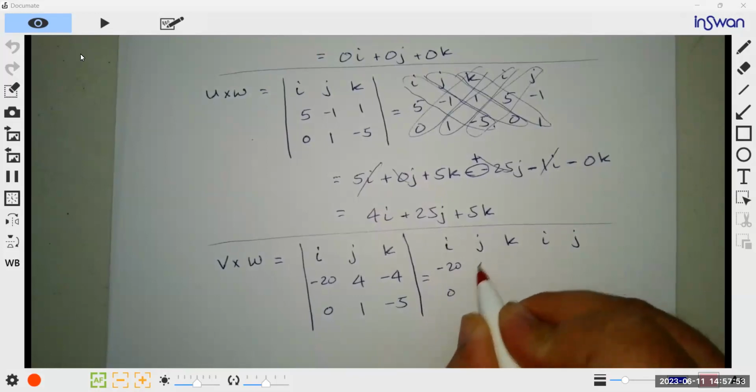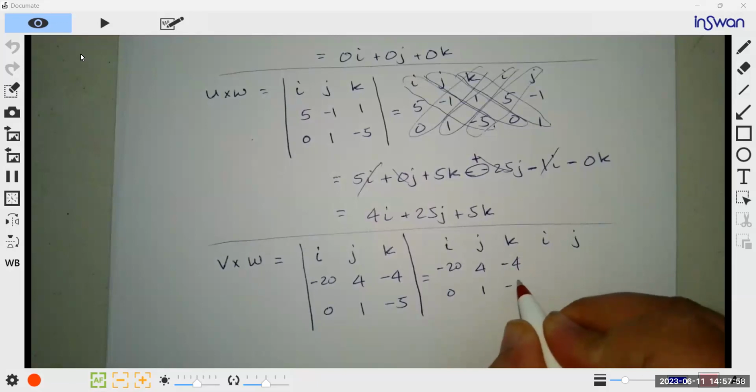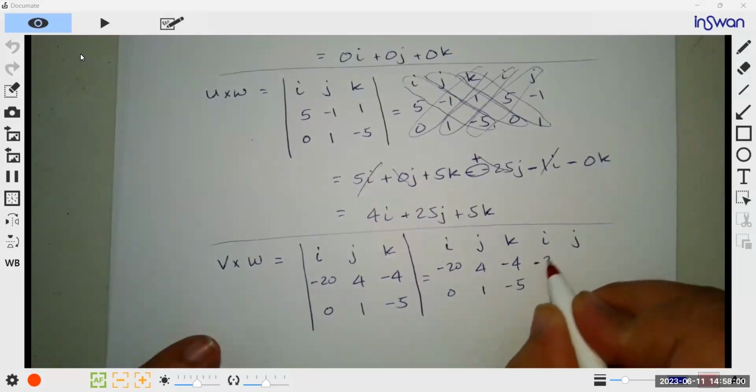Twenty, 0, 4, 1, negative 4, negative 5.